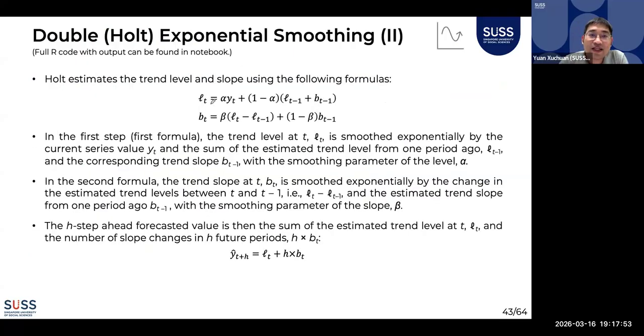So in this method there are two exponential smoothing functions, the level and the trend, and two parameters, alpha and beta, okay? When you do h-step forecasting standing at time t, it will be the level at time t plus h times the trend b_t. So this is the forecast value.